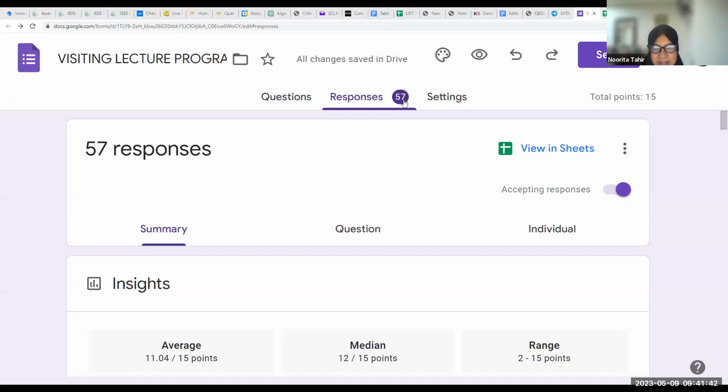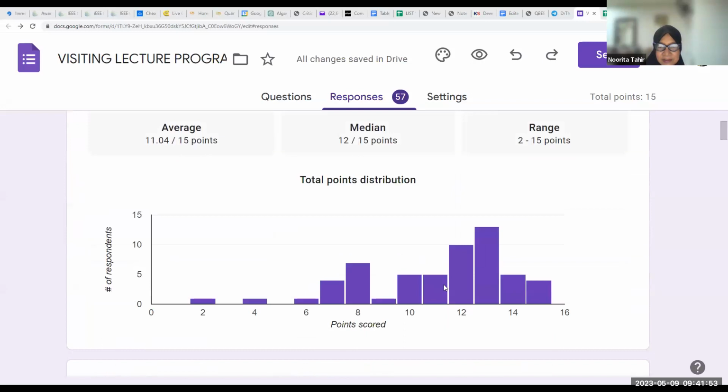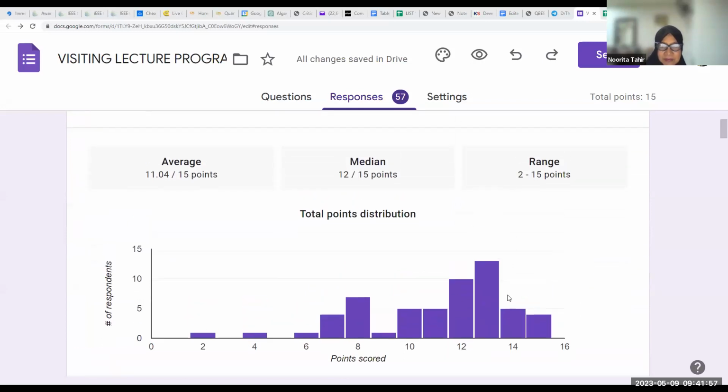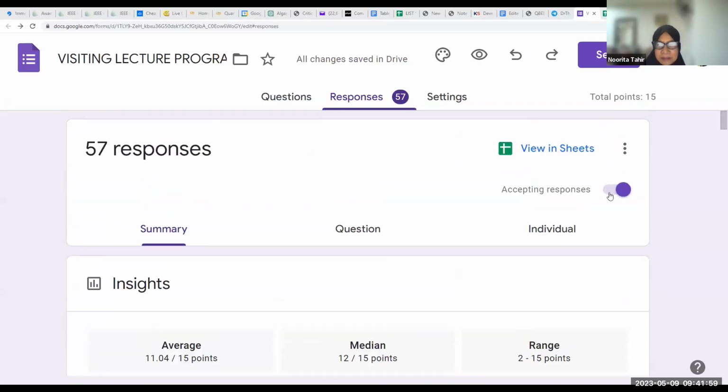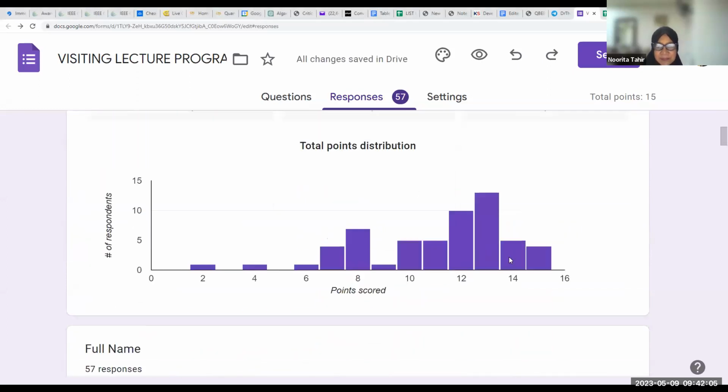I only received 57. I don't know what happened to the other 15. Once I turn off this button, your results will not be captured in my sheet. This is the responses I have received, all 57. Okay, I'll stop now, I think it's more than enough. Thank you. No longer accepting responses.